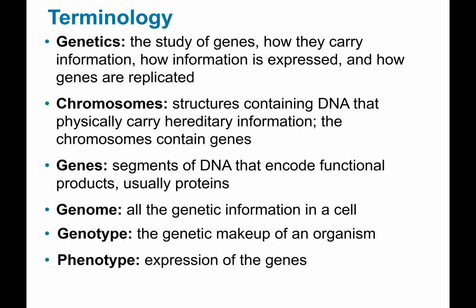Just starting out with some terminology. Genetics, that's what this chapter is called, microbial genetics. It's the study of genes, how they carry information, how the information is expressed, and how the genes are replicated. Chromosomes are the structures that contain the DNA. It's how that DNA is organized. Bacteria, prokaryotes, have one chromosome, right?